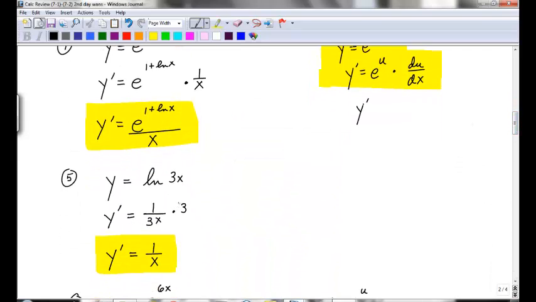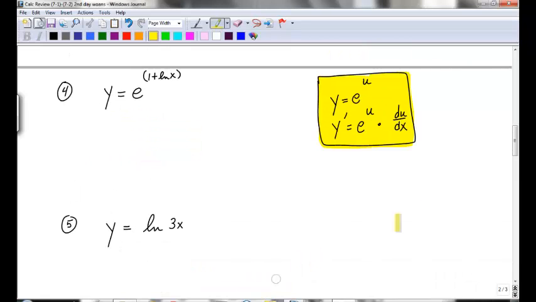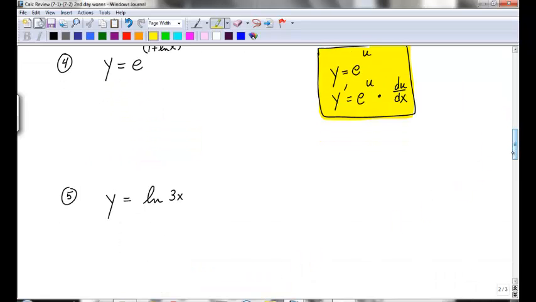Should end up with 1 over the 3x times 3. The 3's divide out, and you end up with 1 over x. Everybody okay on that one?